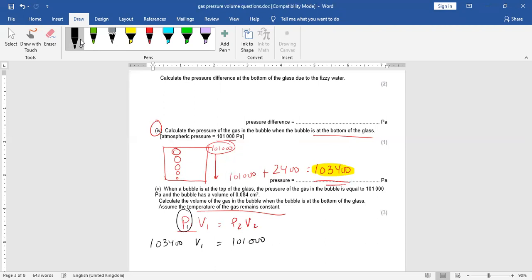The volume at the top is 0.084, from this part. So we can calculate, and the answer is this. So we prove that at the bottom, the gas or the bubble has a smaller volume due to the increase of the pressure.